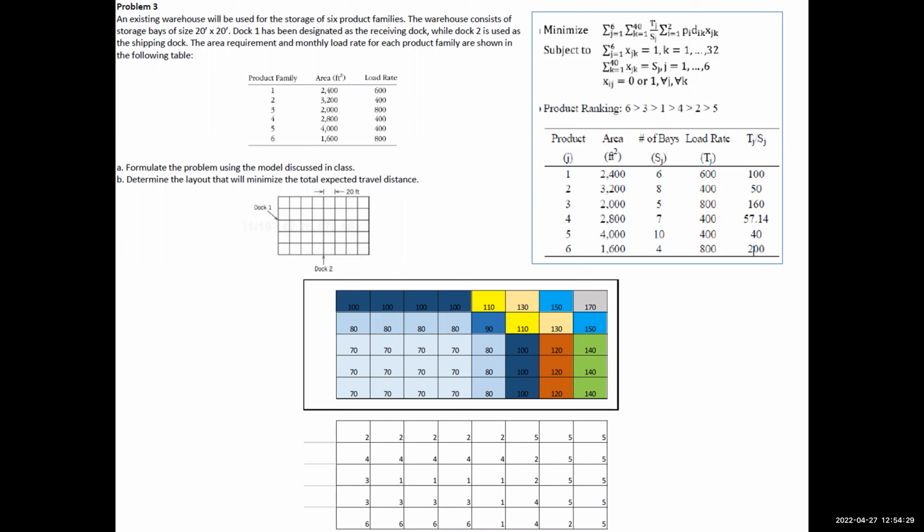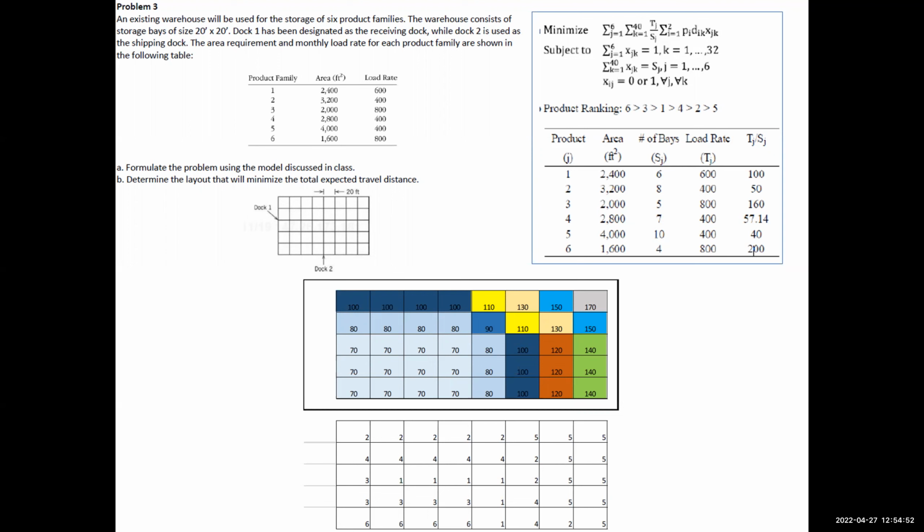And then we have 2 constraints. One is looking at each bay, and the other is looking at each product. You want them to be equal to 1 for each bay and equal to Sj for each product. So the formulation is standard. It's not going to change. The only things that change are the parameters of the model.